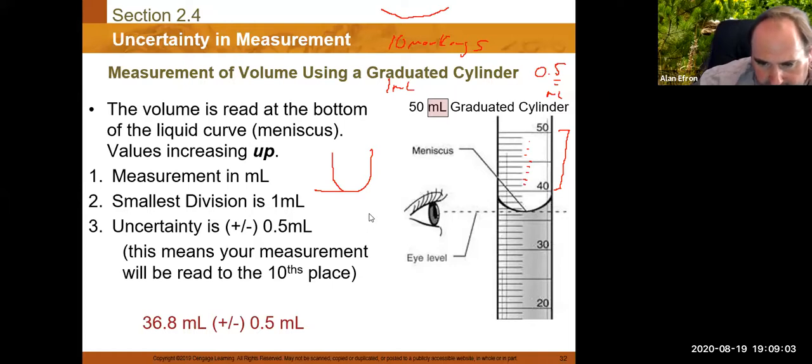And if we look here at the bottom of the meniscus, again, this is 30. This would be 31, 32, 33, 34, 35, 36. And again, it's definitely above 36, hopefully. So we would record 36. And because we have that ability to do so, we would take it to the next digit, one more place to the right.